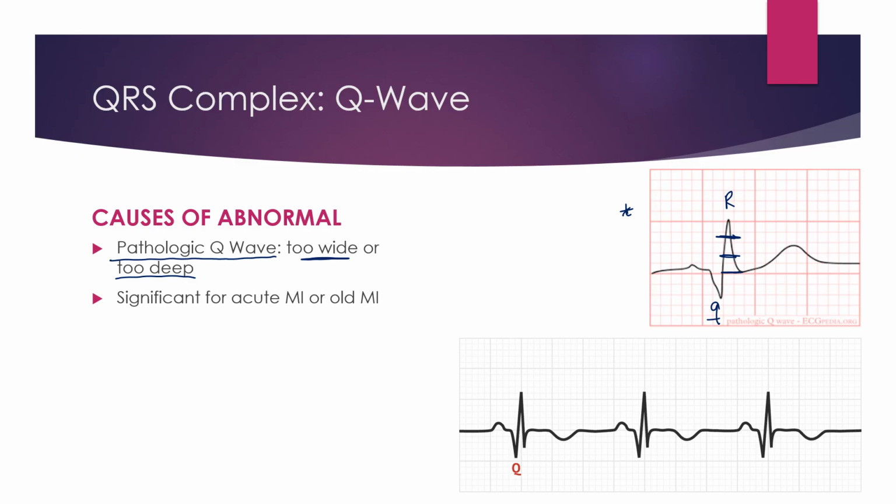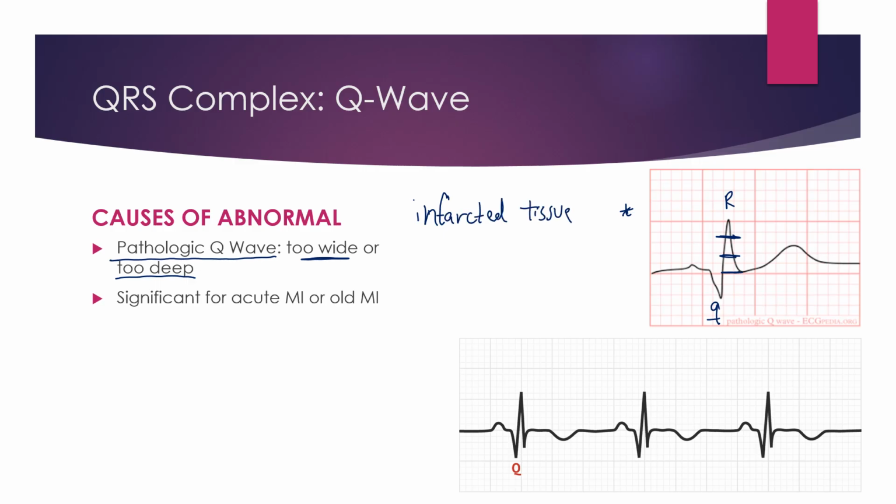Okay, so a Q wave is pathological if it's too wide or too deep. It doesn't always have to be both, but this one is actually both. It is too wide and too deep. A pathological Q wave is indicative of infarcted tissue.